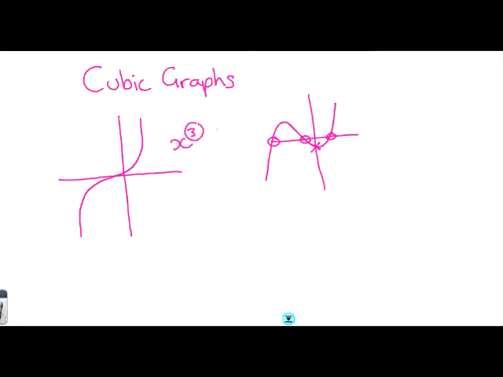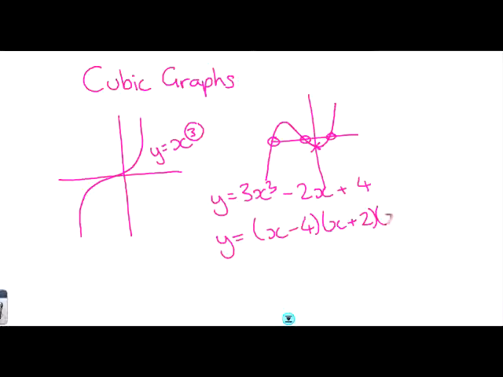Now these graphs can look like this, y equals x cubed, or y equals 3x cubed minus 3x cubed, something like that. Even putting a bit more on, this is all going to be graphs that resemble this picture. We could give it to you in its factorized form, so something like this. And don't worry if you're watching this and thinking, I don't know how to factorize like this.